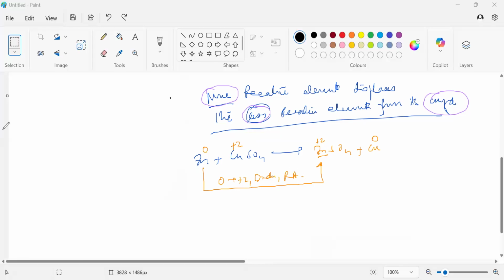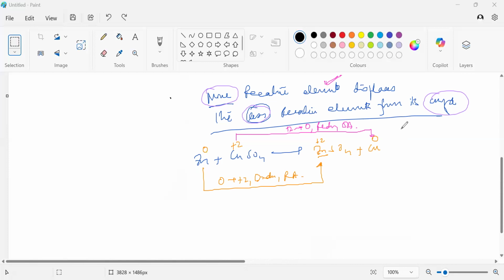Now, copper goes from plus 2 to 0. That is reduction, and copper is the oxidizing agent. So more reactive elements displace the less reactive elements from their compounds. You have to memorize the reactivity series also. Understood this part, Mahin?